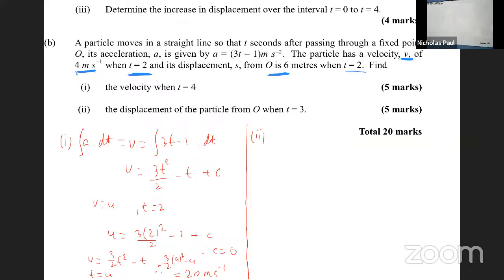I just go from displacement. Take it now. From here to here, where is it?